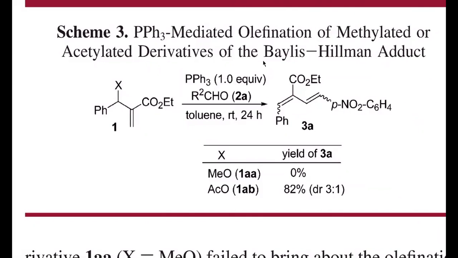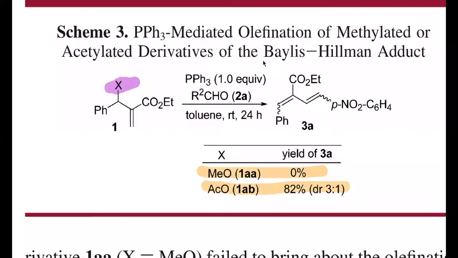Here, they tested what happens with X. What if I make X a methoxy group? And you see that the results are down here. If X is methoxy, the reaction doesn't work. If X is an acetate, they get 82% yield with a 3-to-1 ratio of EE to EZ.